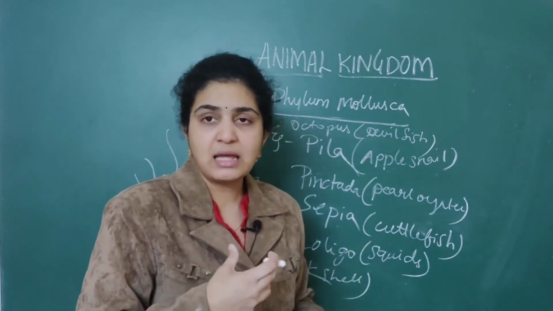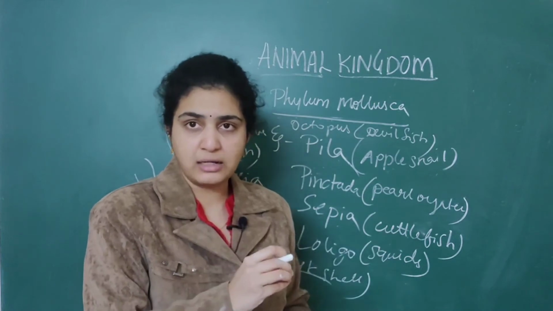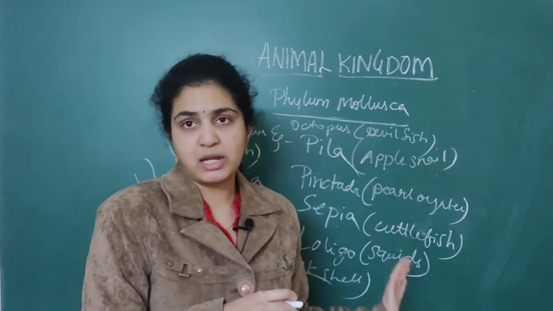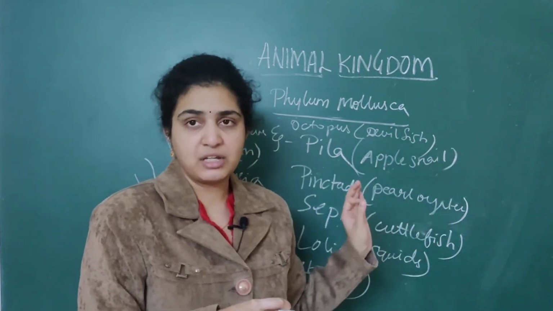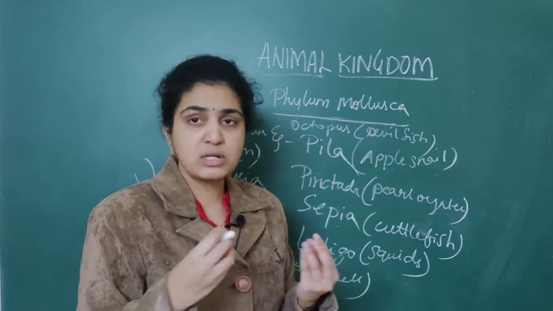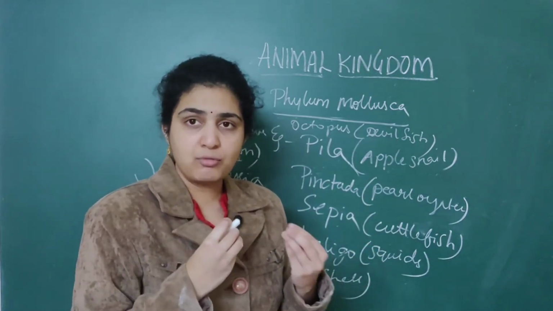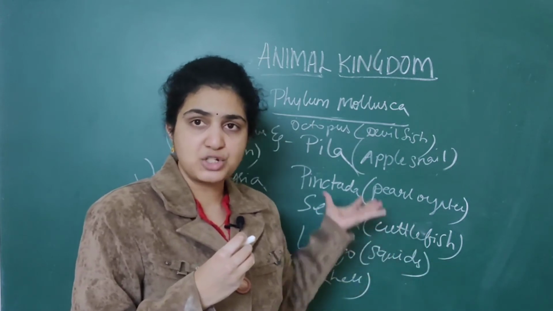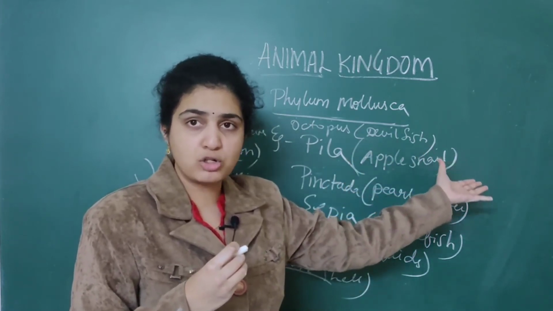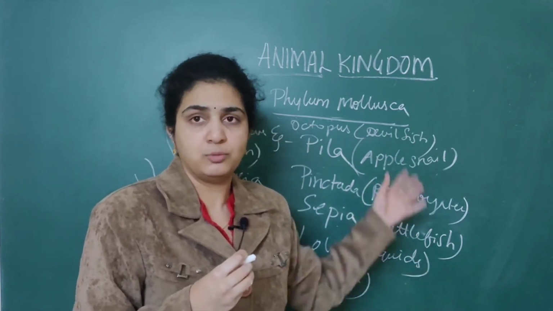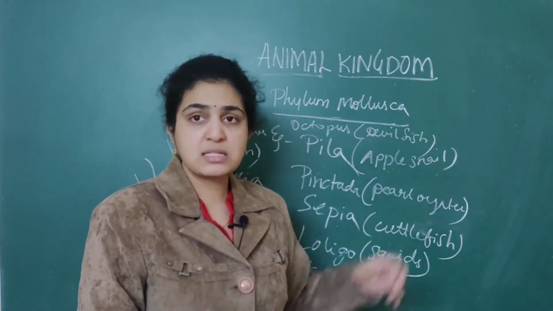And a file-like rasping organ called radula is associated with phylum Mollusca. Then examples are very important along with scientific names. Sometimes they'll give sea hare, or sometimes they'll give Aplysia. Like that, scientific names are important. They may give you Dentalium or tusk shell, Chaetopleura, chiton, octopus. These are all very important from the NEET point of view. So this is about the phylum Mollusca.